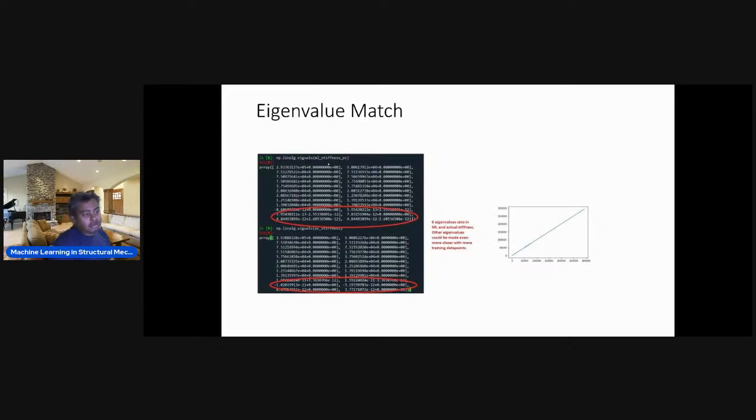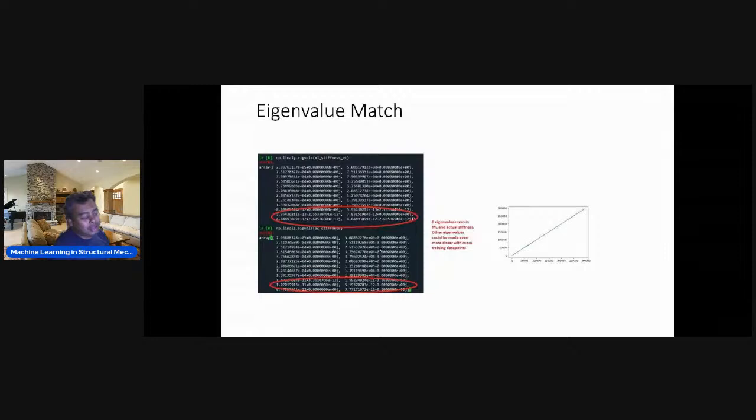Now, as I was talking about the six eigenvalues, you can see here the machine learned stiffness matrix, and this is the actual stiffness matrix. In our algorithms, we not only ensure matching of the stiffness matrix, we also ensure matching of the eigenvalues without actually finding the eigenvalues.